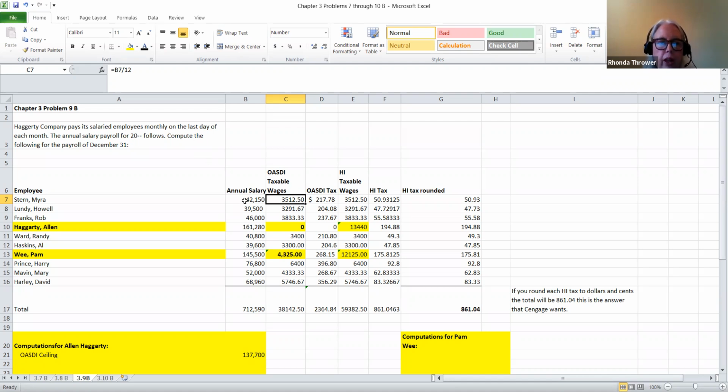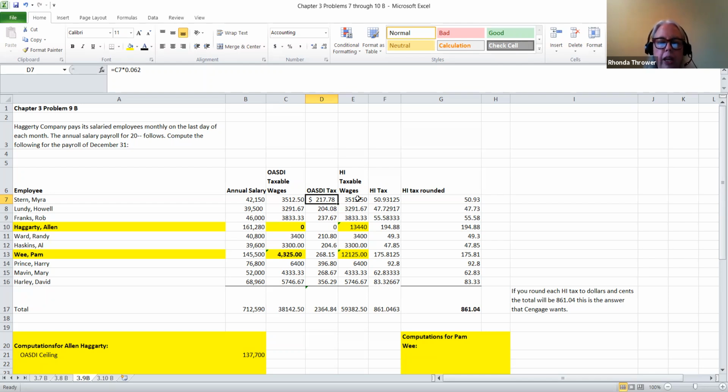The annual salary would be divided by 12 months, and that will give you the monthly salary of Myra Stern. We'll take that monthly salary and multiply it by 6.2%, and that will give you the OASDI tax that we would withhold on Myra Stern's paycheck.